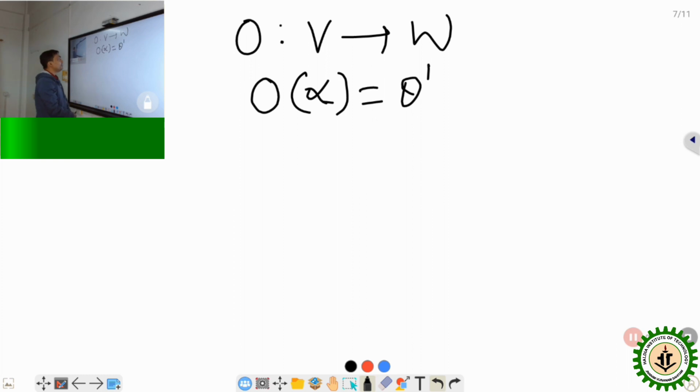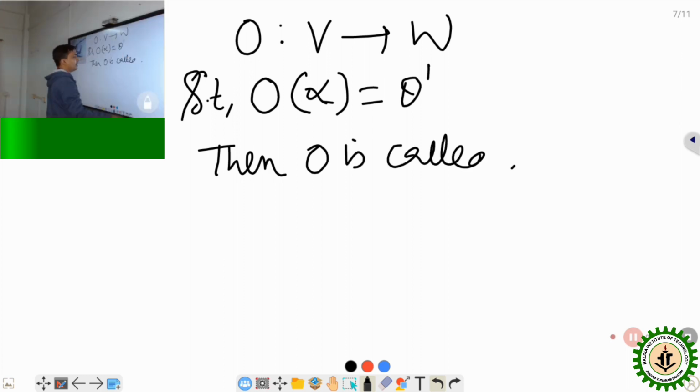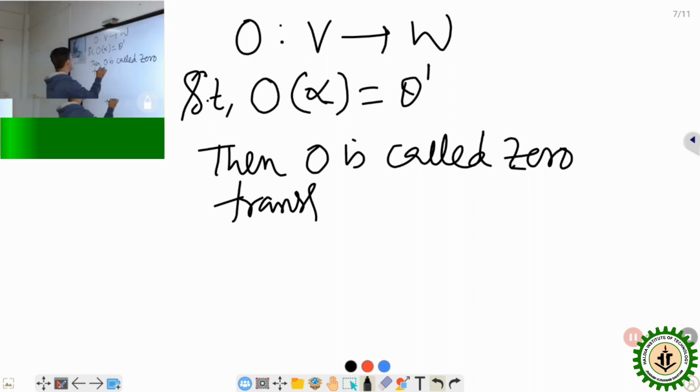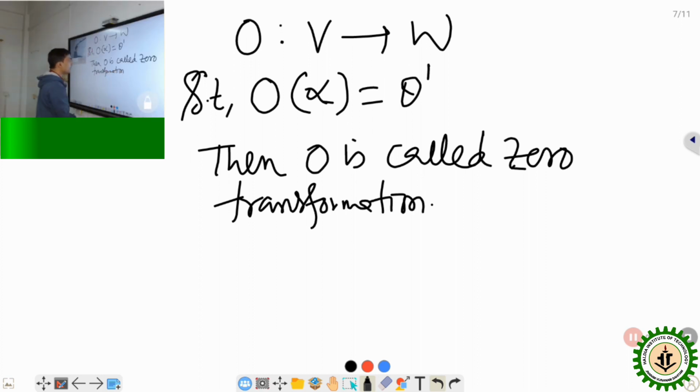Then if we define a mapping O from V to W such that O of alpha becomes null, that is theta dash, then O is called the zero transformation.